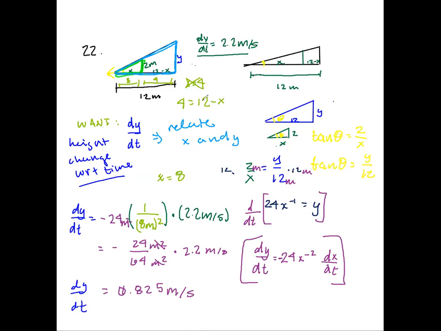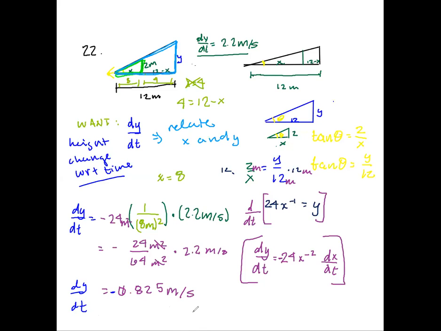And the last thing to do is just negative, which makes sense because dy/dt is decreasing, or the height on the wall is decreasing. So the sign makes sense. We've got a negative number indicating it's decreasing.